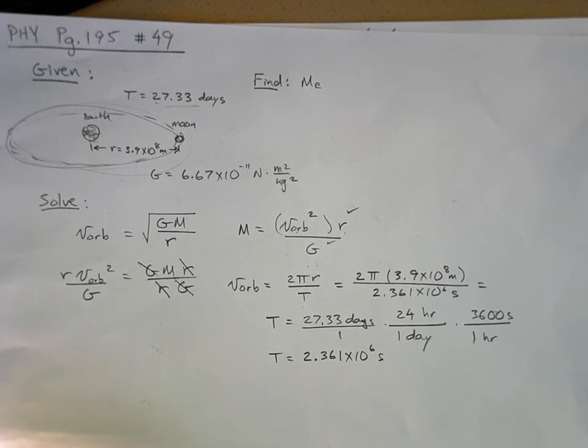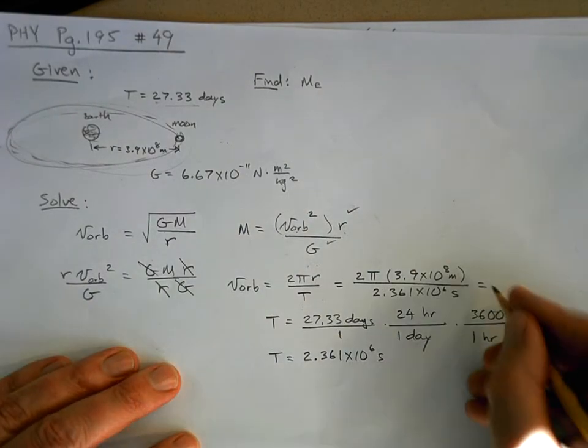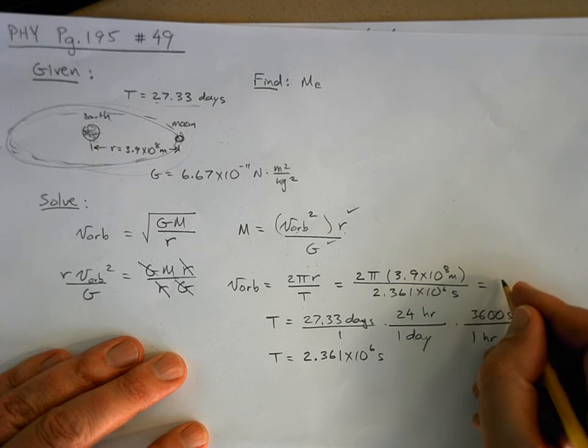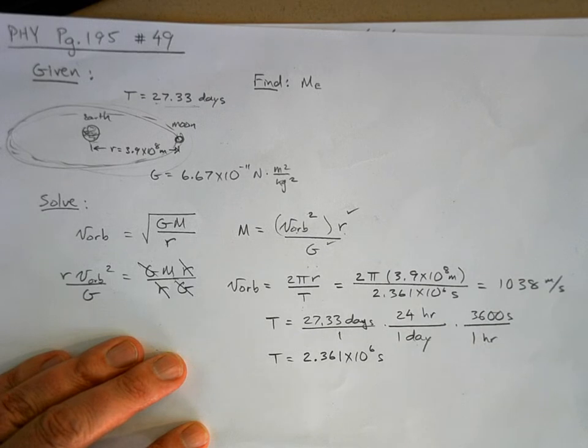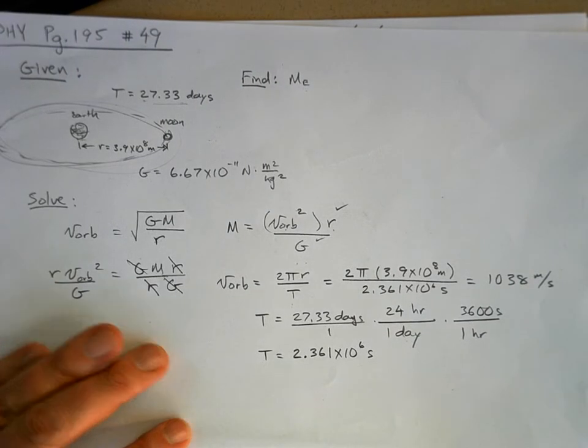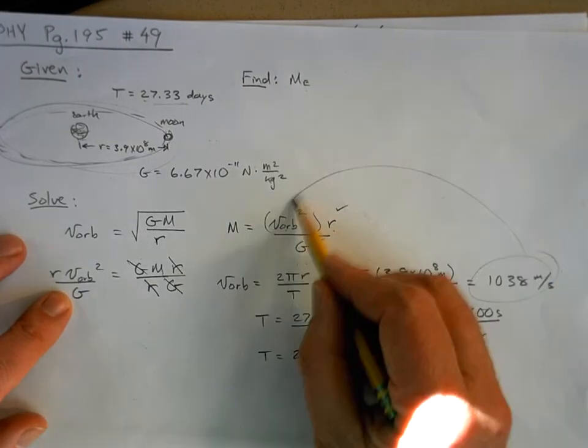So 2 times 3.1415 times 3.9 times 10 to the 8 divided by 2.361 times 10 to the 6 equals, and we get 1,038, if I round it up, meters per second. Agree with that? Yeah.